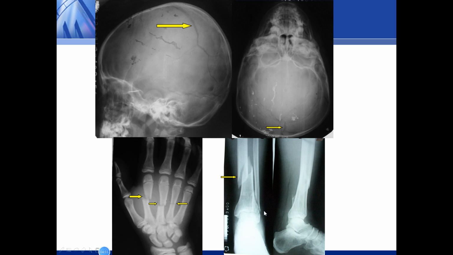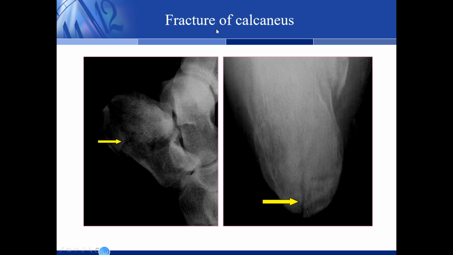And here is a spiral fracture in the distal part of the tibia. And fracture of the calcaneus, and we could see the irregular translucent line.